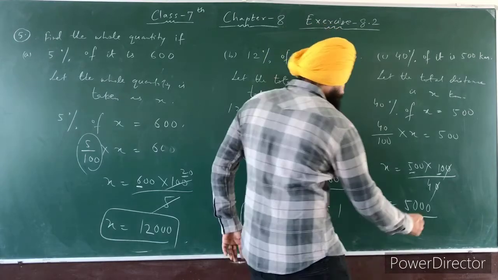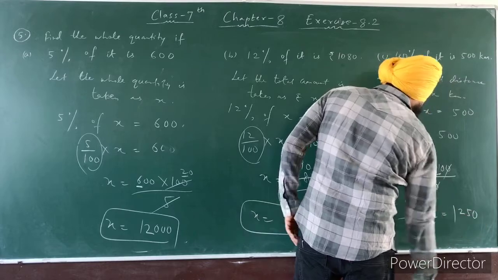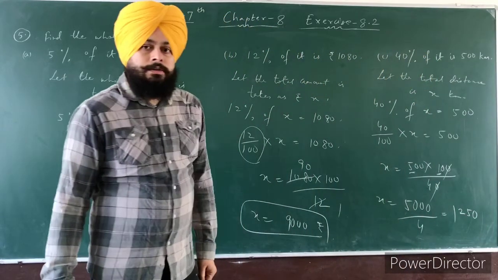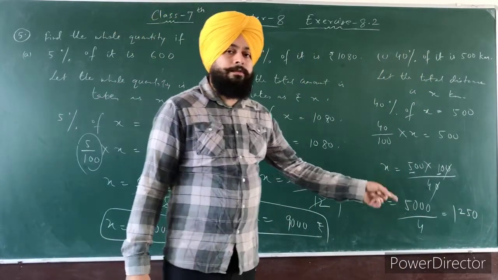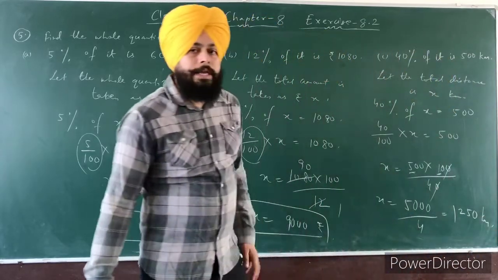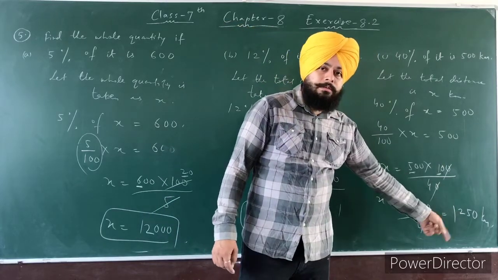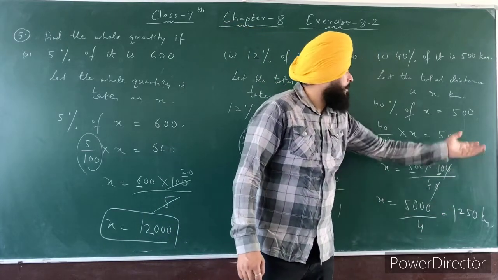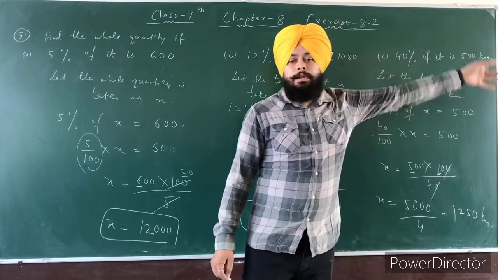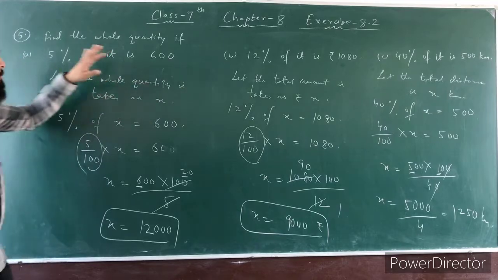So what is the answer? 4 ones are 4, 4 2s are 8, 4 5s are 20, and 0. So the answer is 1,250 kilometers. It means 40% of this total distance, 1,250 kilometer, is how much? 500 kilometer. Clear students? So this is your A, B and C part of question number 5.